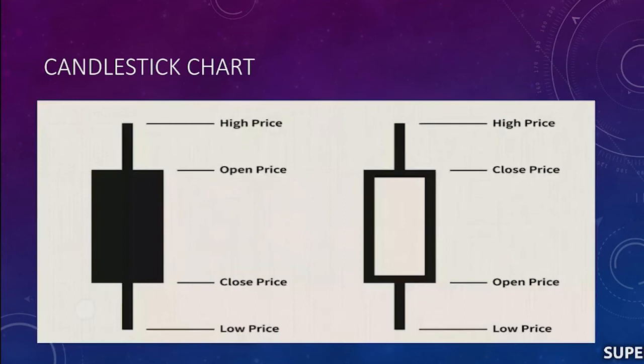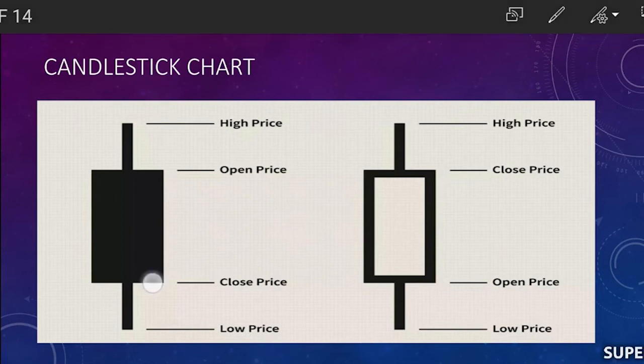Okay, and if we are using black or white to indicate the color, if the real body's color is black, the opening price will be the top part of the real body and the closing price will be the bottom part of the real body. So here the opening price is high and the closing price is low. So there is a decreasing tendency, a bearish tendency.